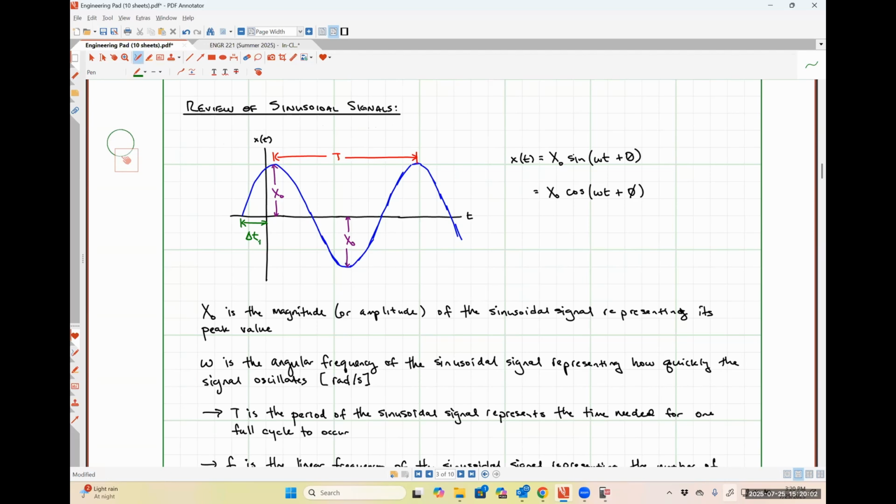Now, as a cosine function, at t is equal to 0, I would expect my cosine function to be at its maximum value.